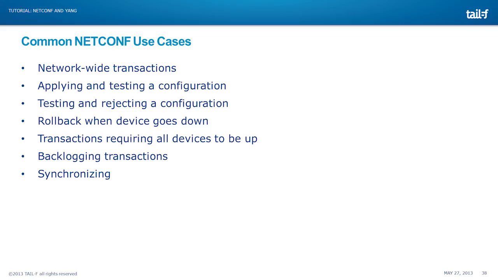Maybe I can check some sort of transaction ID or that. But these are all different types of use cases that have been implemented using NetConf, because again, NetConf isn't just the protocol, it gives you programmability of the management of your network devices.